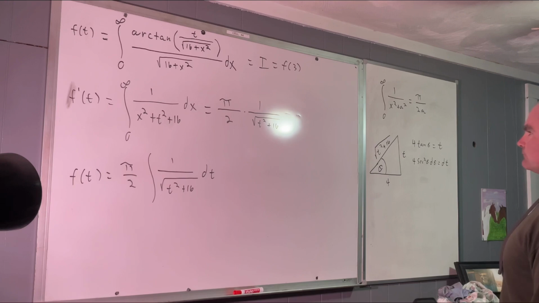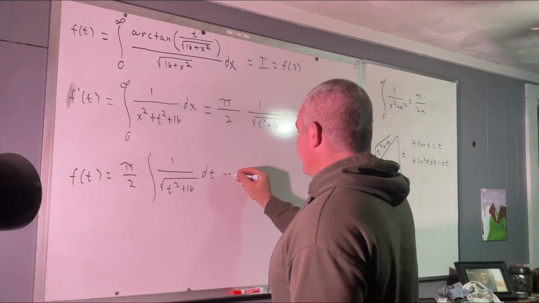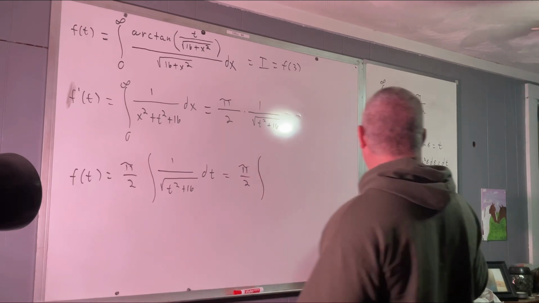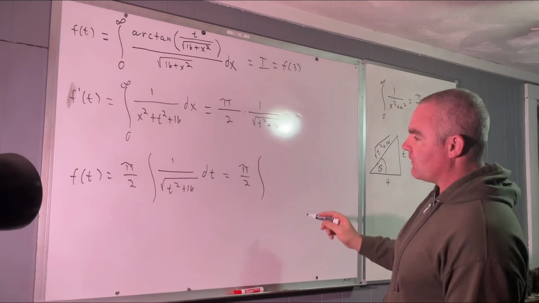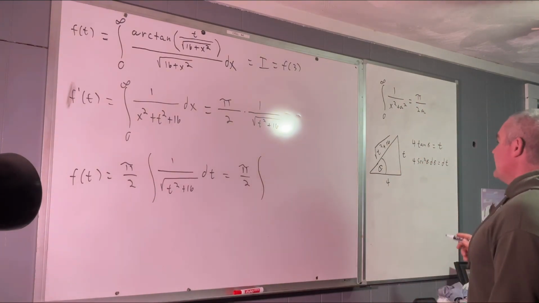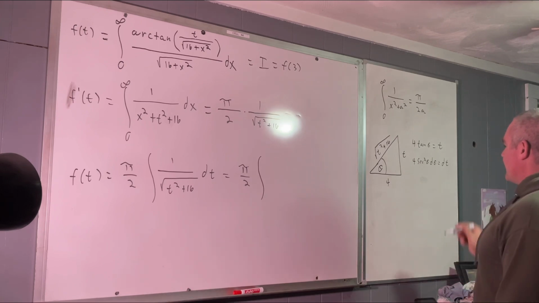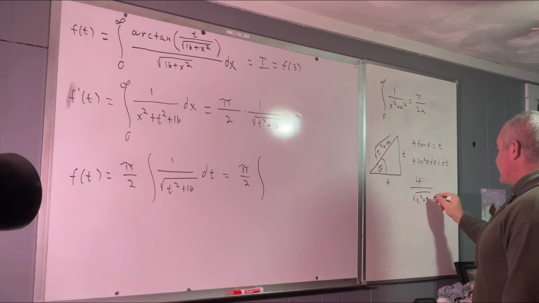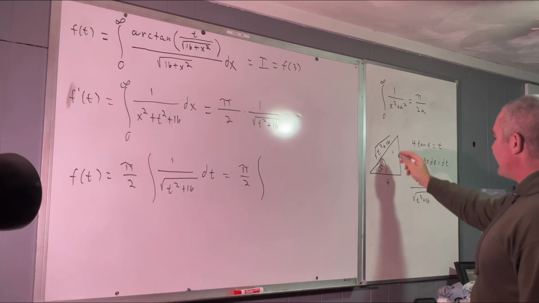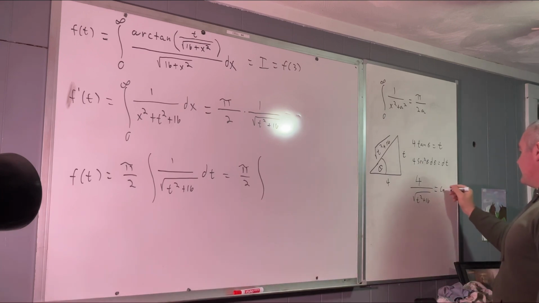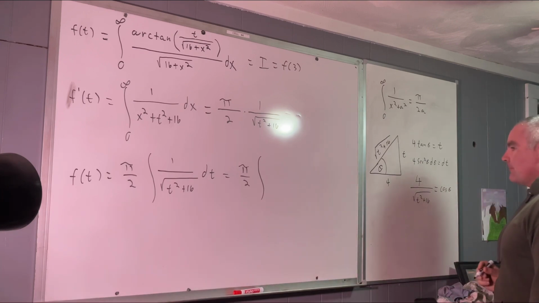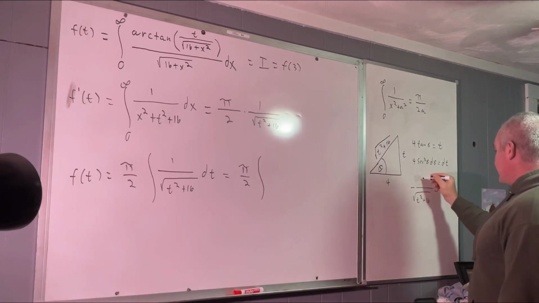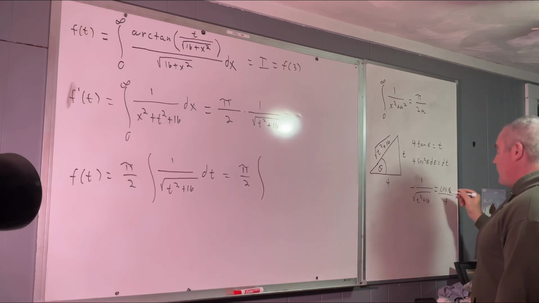So now that's going to give us pi over 2 times the indefinite integral. Well, let's see. What's 1 over the square root of t squared plus 16? Well, 4 over the square root of t squared plus 16 is equal to this side over this side, which is the cosine of theta. But we want 1 over the square root of 16 plus t squared, so we just divide that by 4.